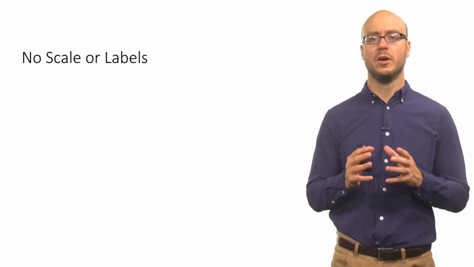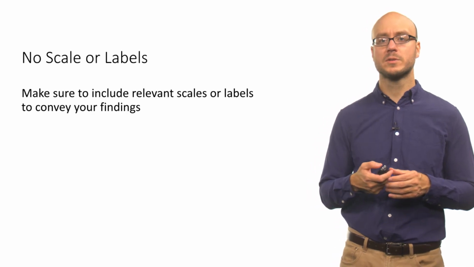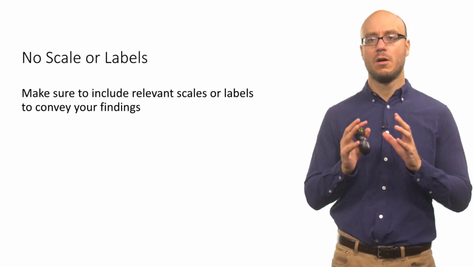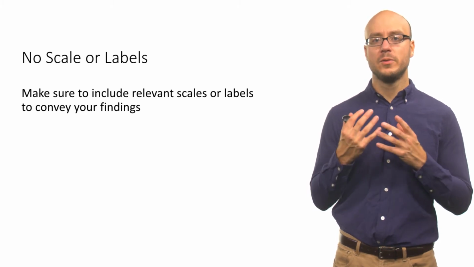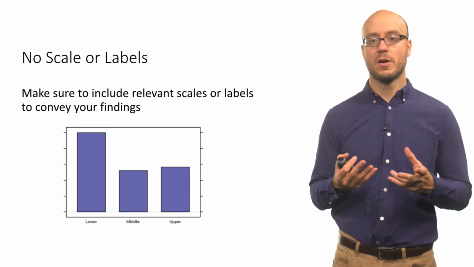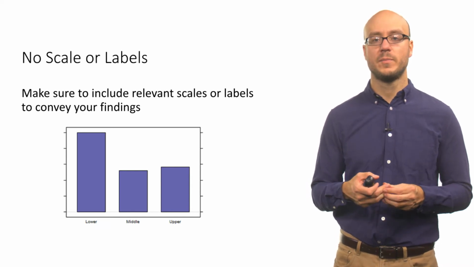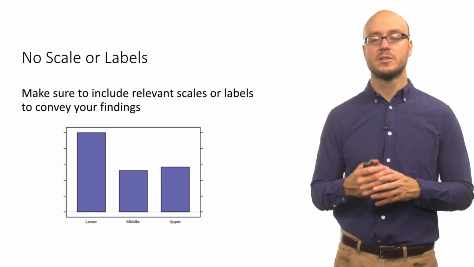Another problem that can go on is having no scale or labels. So you should make sure to include all appropriate scales or labels to convey your findings effectively. So in this case, we have this bar graph. It's the same bar graph of passengers on the Titanic by class. And you can see that there's no scale.